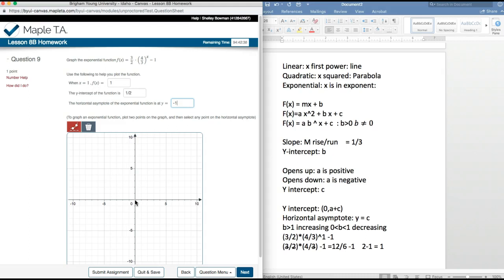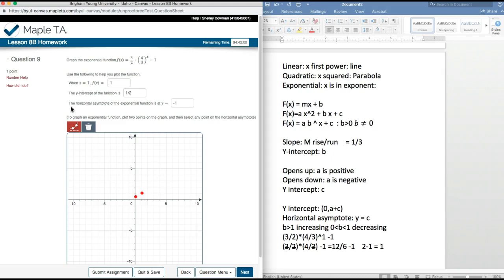So from the origin, we always start here, move +1 in the x direction, and then move +1 in the y direction, and that's where our first point will be. And it's prompting you in the order that it would like you to graph these, so that Maple TA knows how to graph it, just like the last one with doing the vertex first. The next thing is to find the y-intercept of the function is 1/2. That's where it's crossing the y-axis, here at 1/2.